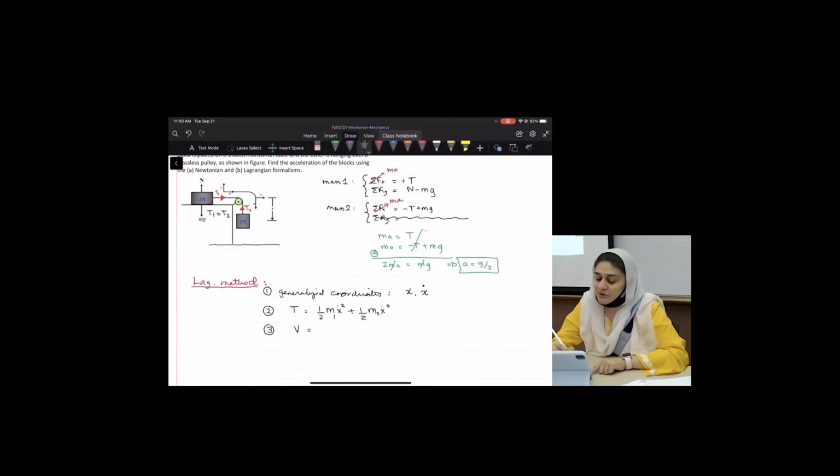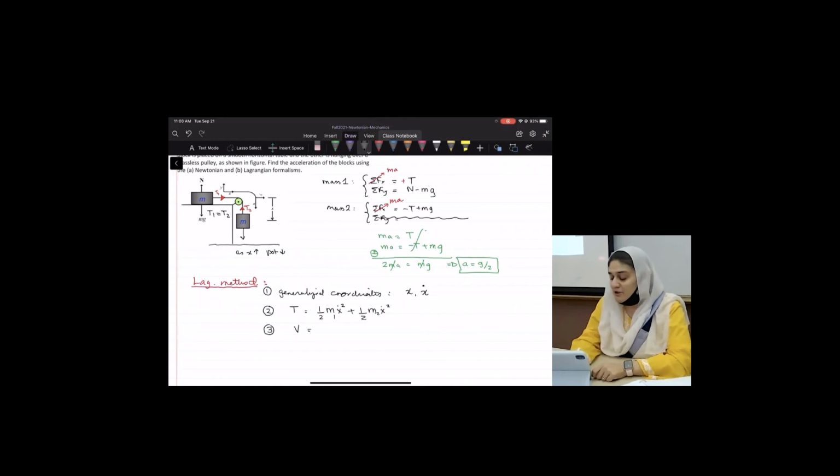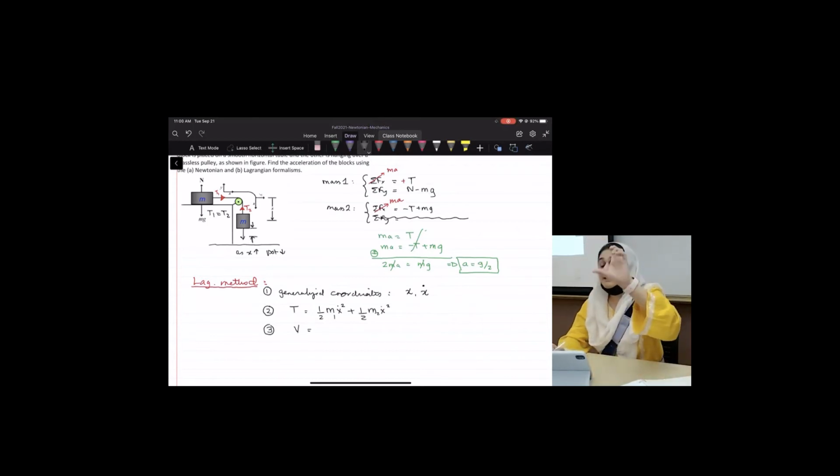In this case, as your x increases, your potential goes down. Why? Because your x is this x. In general, when we do these problems, we have a ball falling, and we consider the height with respect to this zero.